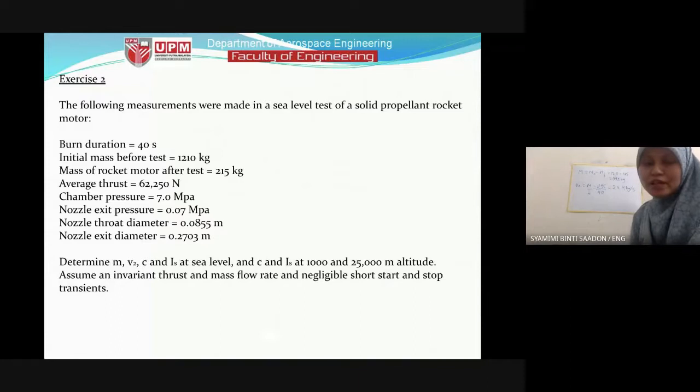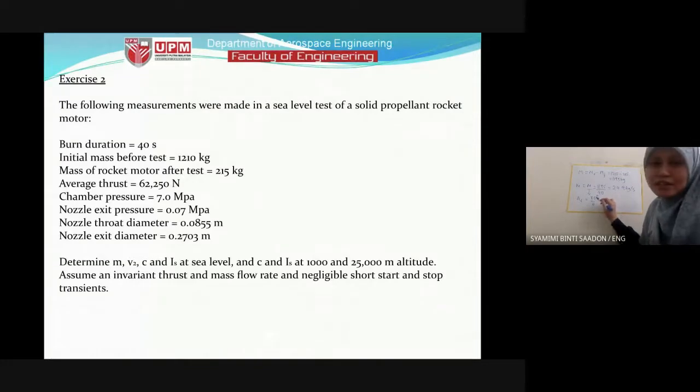Because we are given the diameter, the nozzle area at the throat is pi d squared over 4.